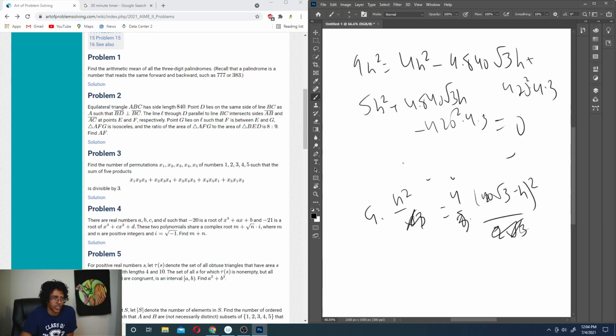Well, you have H squared plus, divide this by 5, which is what happens if you divide by 10 and then multiply by 2. So divide by 10 and then multiply by 2 is 4 times 168 root 3 H, and then minus, it's still big though. 420 times 84 times 4 times 3 equals 0.